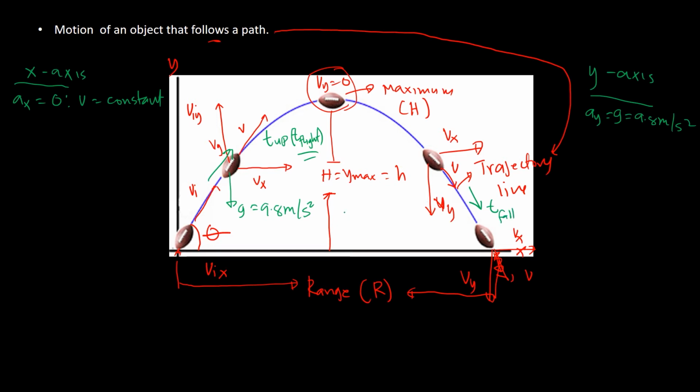But take note that time of flight is just equal to time of fall. Meaning to say, if the time of flight is 1 second, the time of fall is also 1 second. But the total time, or t sub tot, is given by 2 times small letter t.